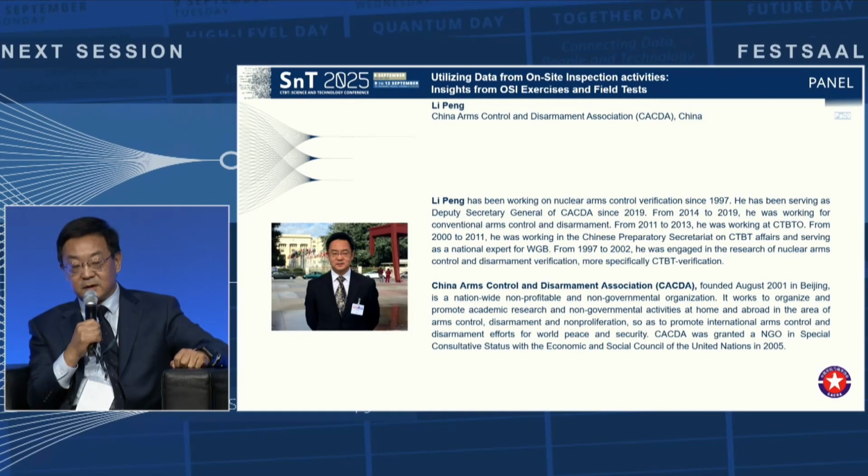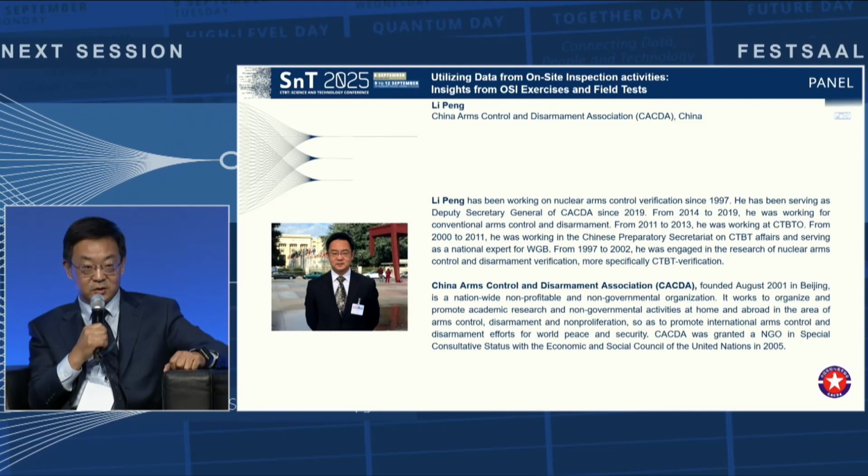And I think in my 20s, I was in Vienna and participated in the working group B meeting as a national expert. So my connection with CTBTO started from that time. And I was working in the PTS in the OSI division as an operations officer for a couple of years. So it was my great pleasure to work closely with OSI colleagues.